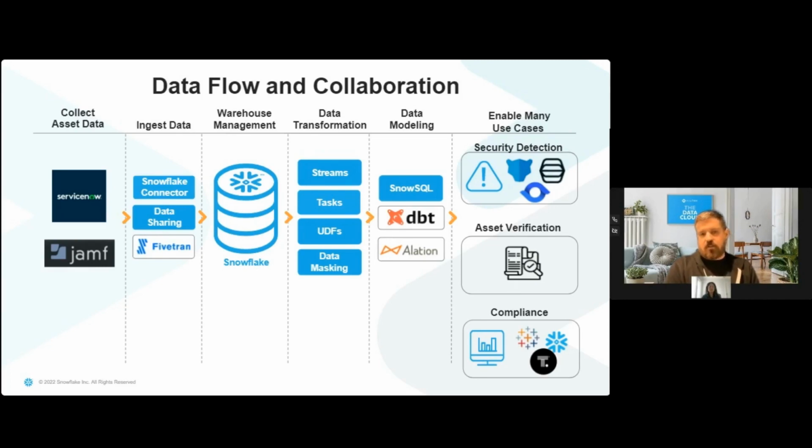Within Snowflake itself, you'll have all your standard warehouse management. You'll be able to use RBAC policies to assign different levels of access to different data by granting access by roles. And your data transformation comes from streams, tasks, UDFs, and data mapping. One thing I want to point out here is UDFs, or user-defined functions.